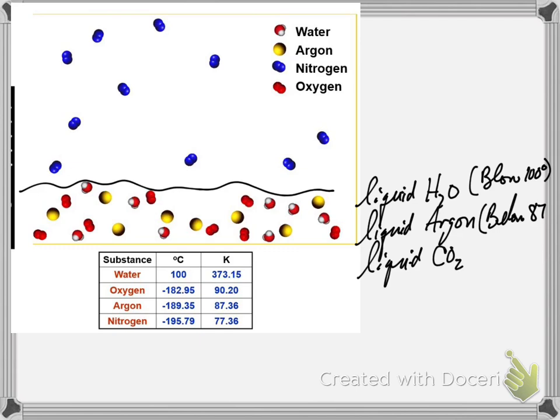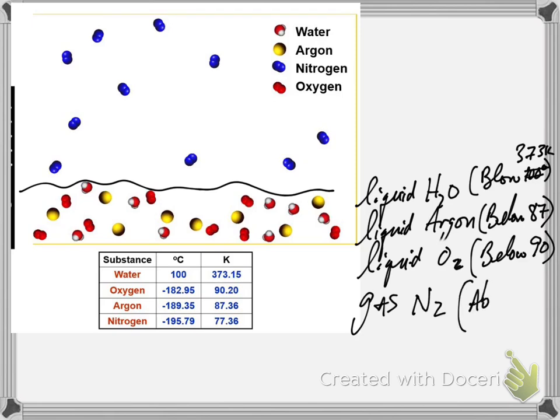Well, we know we're below 100, right? I guess we should have said, keep it in Kelvin, 373 Kelvin. And we're below 87 because argon is a liquid. And we're below, so that's oxygen, we're below 90. So we know we're at least below 87 degrees, but we have gaseous nitrogen present.